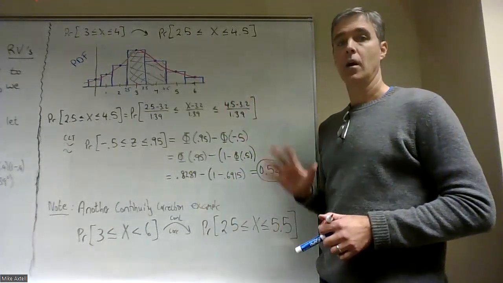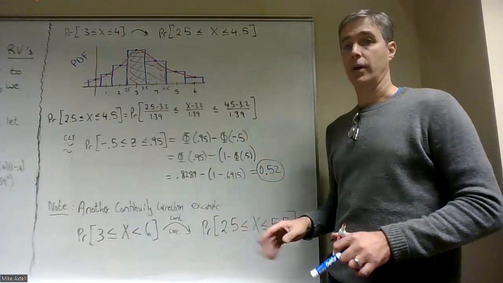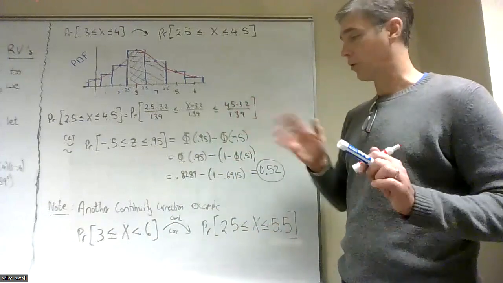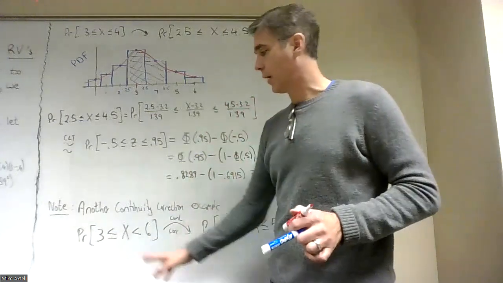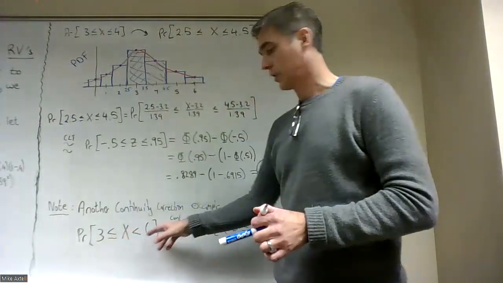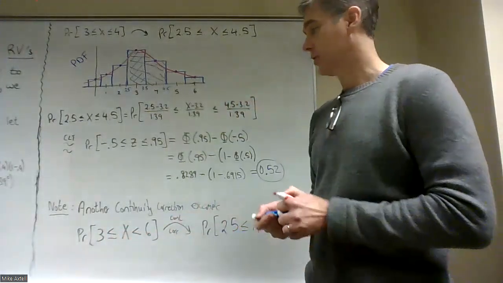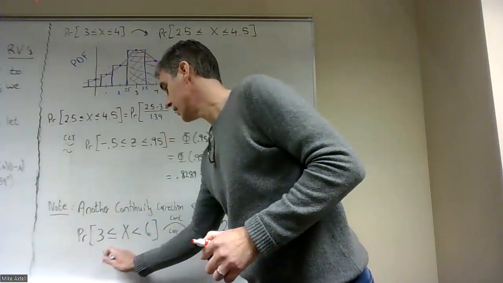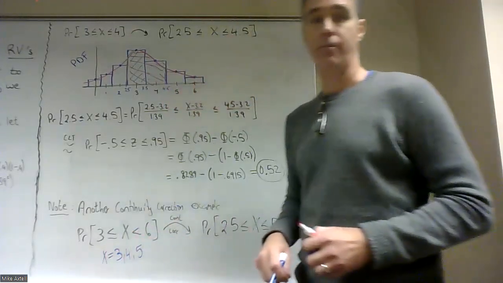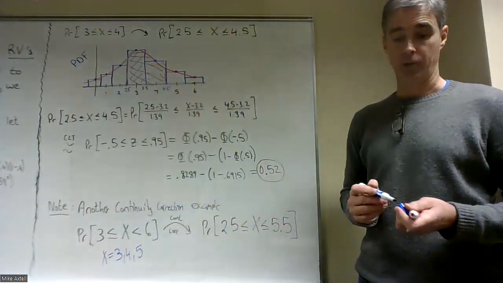Okay. All right, well, let's do another continuity correction. Assume x is exactly the same. It's binomial 8, 0.4, whatever. But let's say for some reason I wanted the probability that 3 is less than or equal to x is strictly less than 6. So this would be x values of 3, 4, 5 in the discrete binomial distribution.